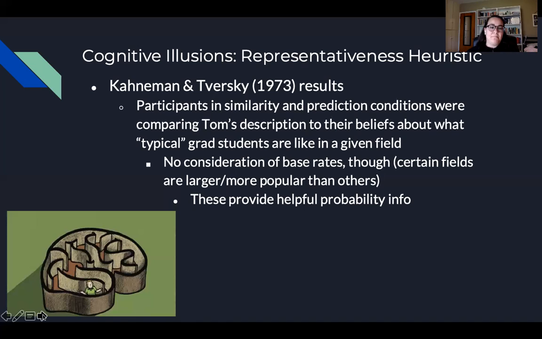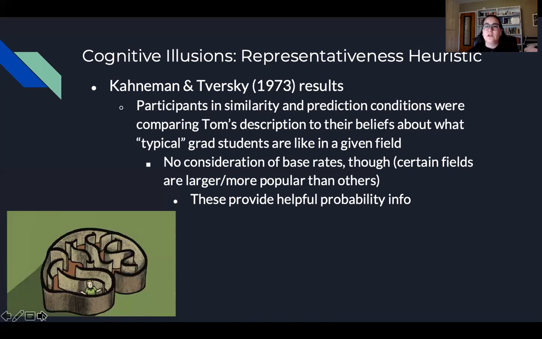And so they weren't basing this off of more objective information, such as the base rates, right? We know that it's not like there's an even spread of graduate students across all 9 of those different academic disciplines, right? There's likely going to be more students in certain fields in comparison to others, say library science.